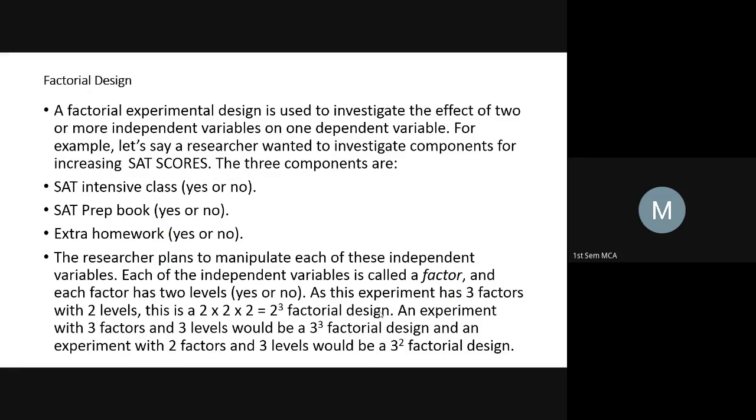Now, one example: let's say a researcher wanted to investigate components for increasing SAT scores, the scholastic aptitude test. If I want to get a higher ranking in my entrance exam, what are the different components? I'm going for coaching, that is intensive class.